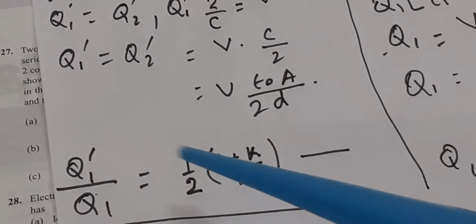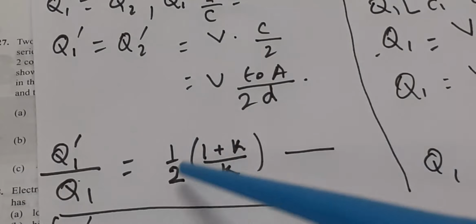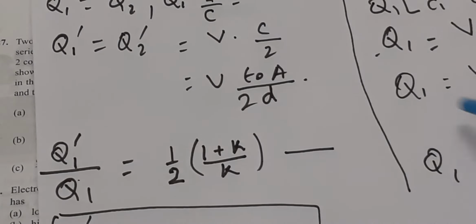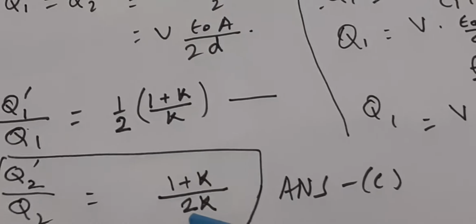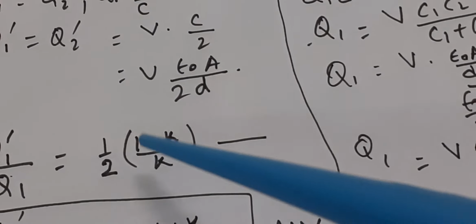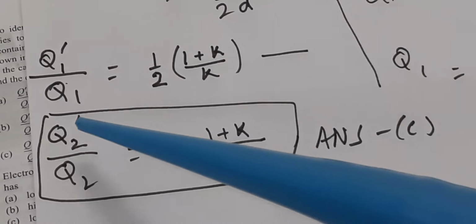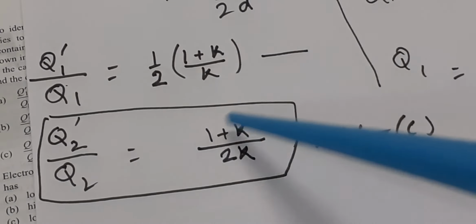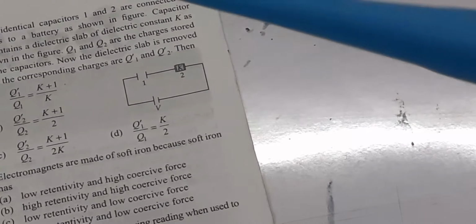Now if we take the ratio of Q1 dash over Q1, we will get the relation half times 1 plus K by K. And if you take Q2 dash by Q2, it will come 1 plus K by twice K, and this choice is given in the question.